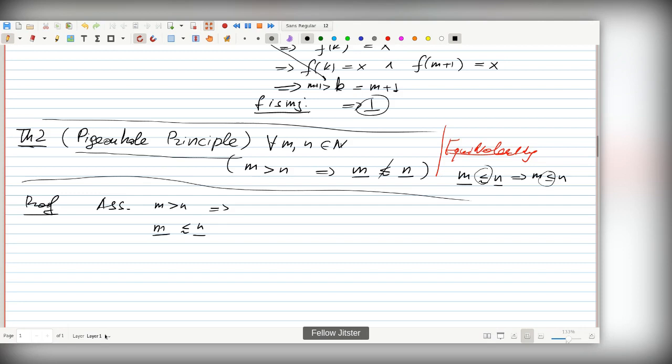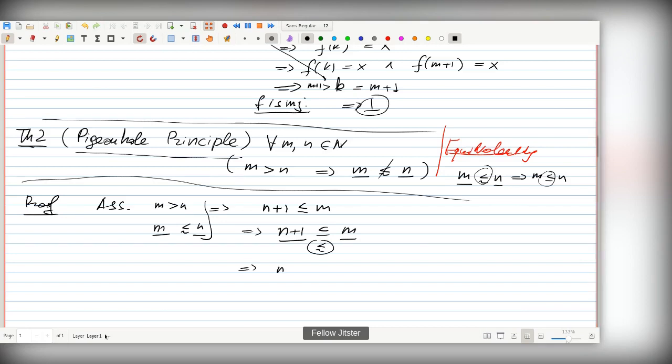Then N plus 1 is less or equal than M. As it is less or equal than M, then N plus 1 underlined is a subset of M underlined, but we know if it is a subset, it is of course embeddable.